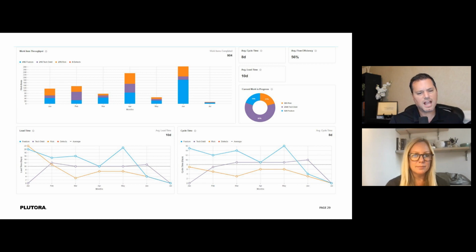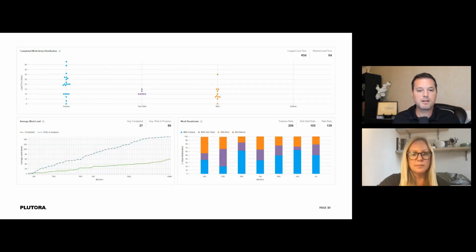There are some interesting aspects that happen out of these metrics. You can start to look at how we are doing over time. Are we improving? Are we improving our efficiency? Are we improving our work in progress? Also interesting on this journey, as we start to look at these metrics, is that we can evaluate and have a conversation from a team perspective about our investment. We talked a bit about work distribution.